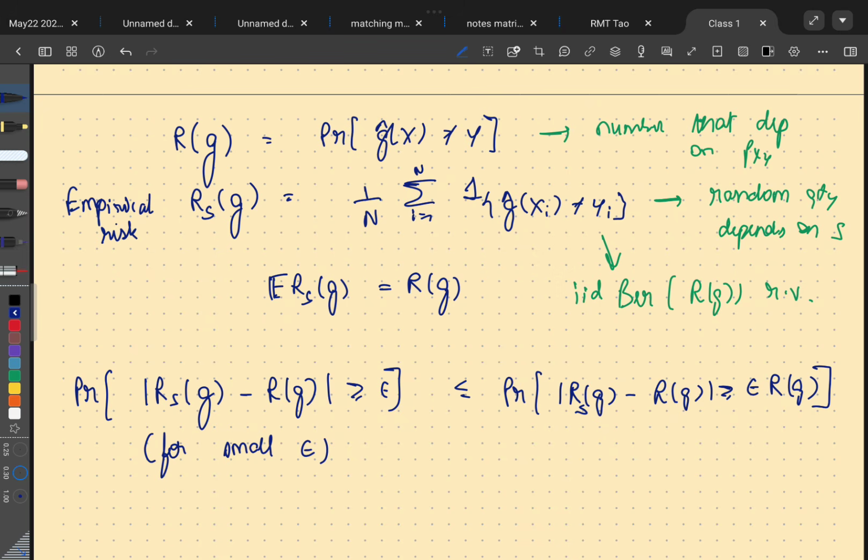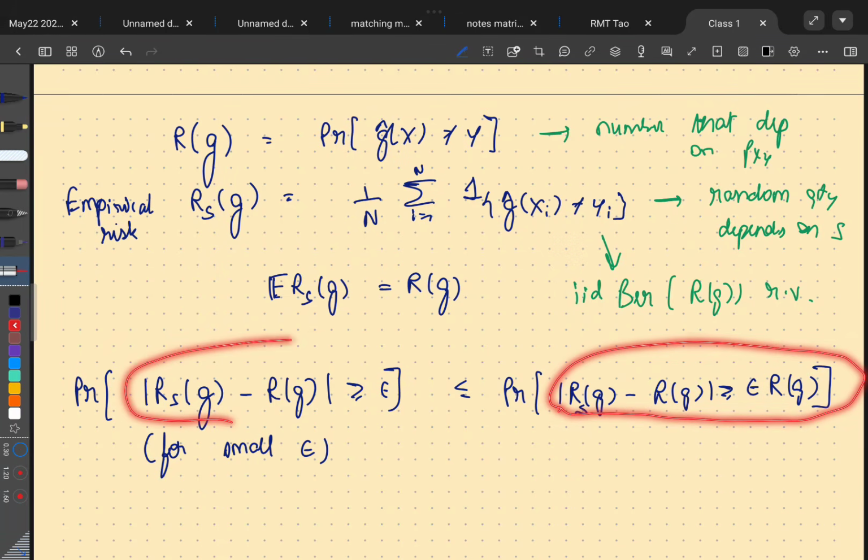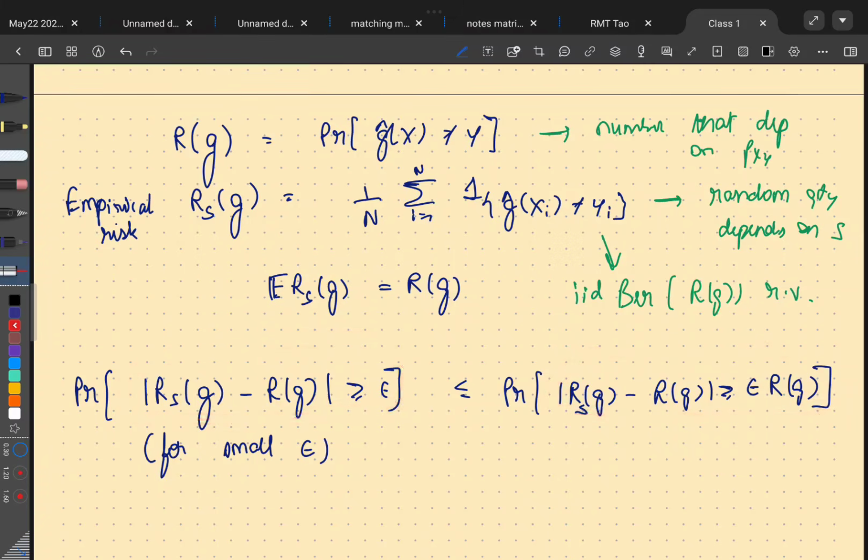Why is this true? R of g is always less than or equal to 1. So if this particular quantity is greater than or equal to epsilon times R of g, then it obviously has to be greater than or equal to epsilon. So this event contains this particular event.